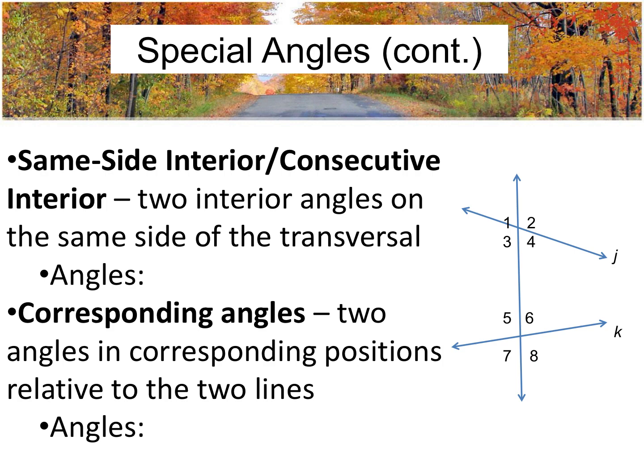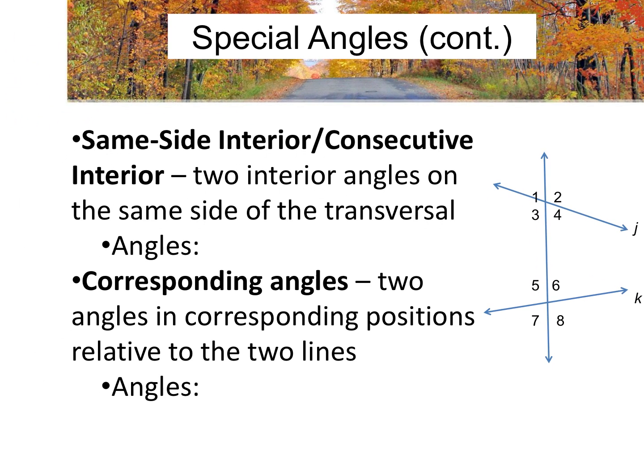The next special angle pair is called same side interior or consecutive interior. All right, our book calls them consecutive interior. However, be aware that consecutive interior are also called same side interior if you see it on a PSAT or the SAT. And these are two interior angles that are on the same side of the transversal. So again, my transversal is this line going this way, and we could call it line M again.